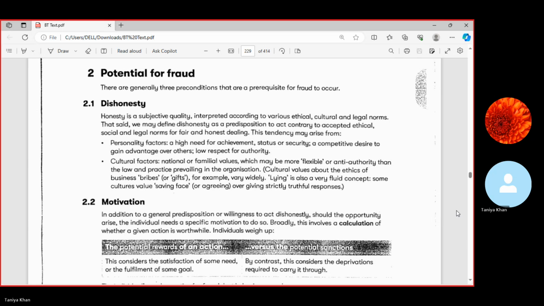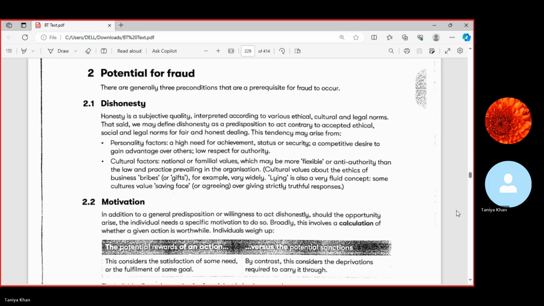In that scenario, they find dishonesty as the one and only means by which they can achieve something big in a very small period of time. Then a competitive desire to gain advantage over others, low respect for authority. If a particular person has this personality trait in his or her character, definitely he will be a dishonest person.